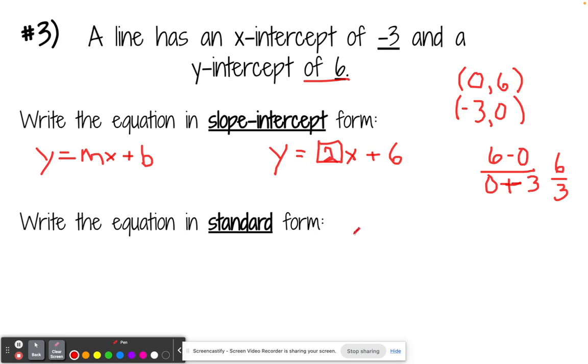Now we want to change it to standard form. Well, to do that, I need to get that x from the right side and get it over to the left side.